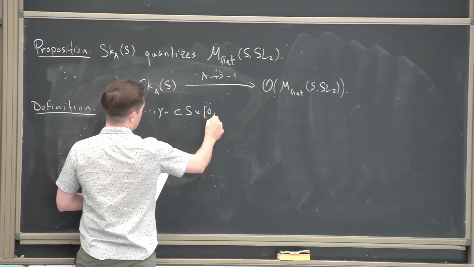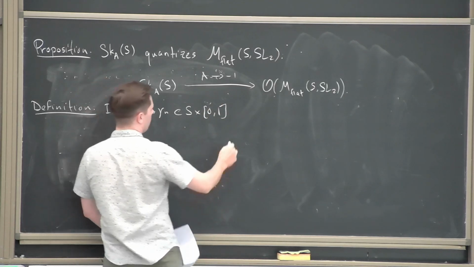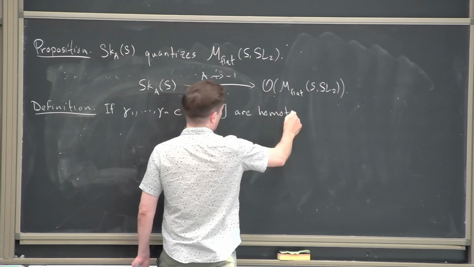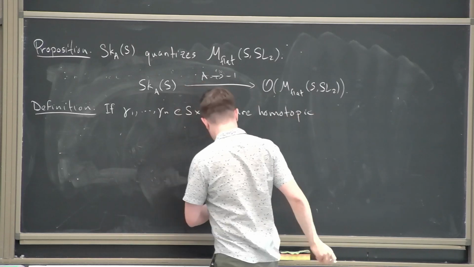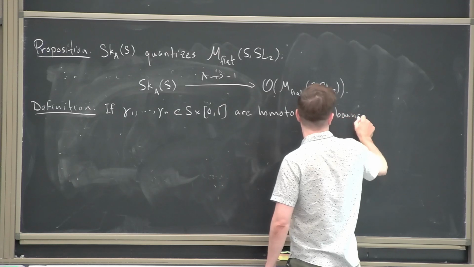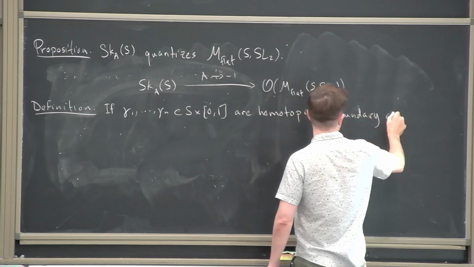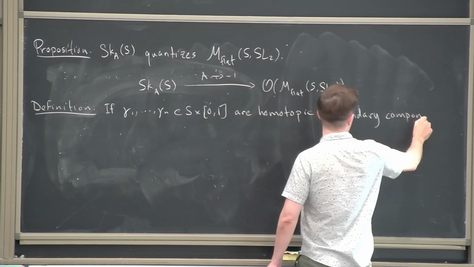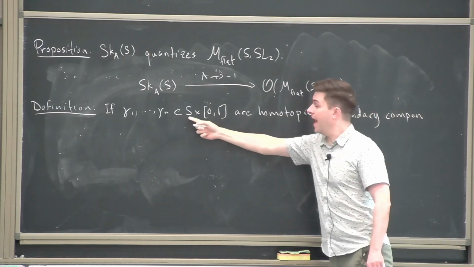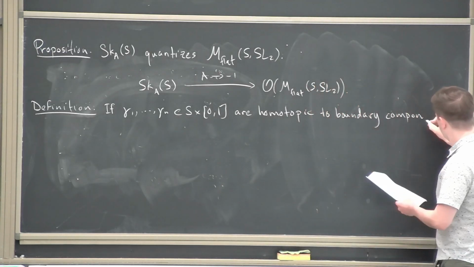Now they're going to be loops in this 3-manifold, which are homotopic to boundary components. This is a little bit of a sloppy way to say it. I guess really I should say their projections on S are homotopic to boundary components.